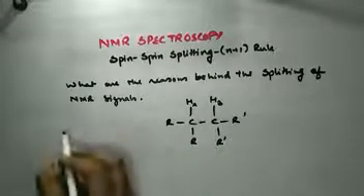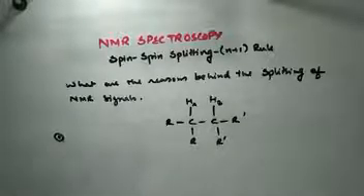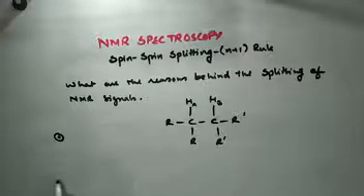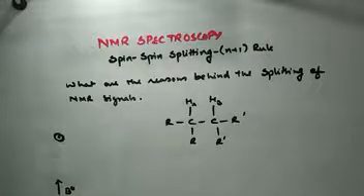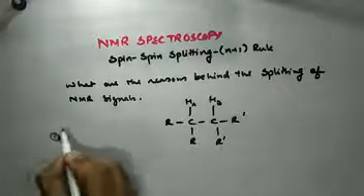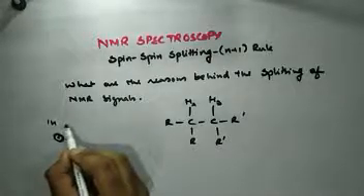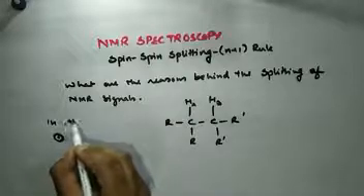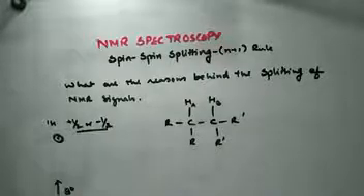Now we know that when there is a nucleus which is subjected to an external magnetic field B0, the nucleus arranges itself either with the magnetic field or against the magnetic field. In the case of a 1H proton, this proton arranges either with the magnetic field or against the magnetic field.